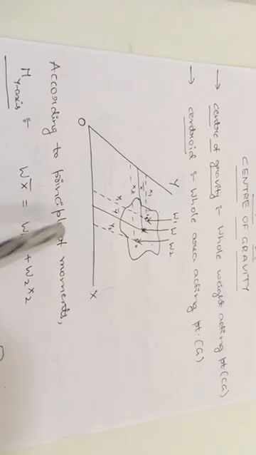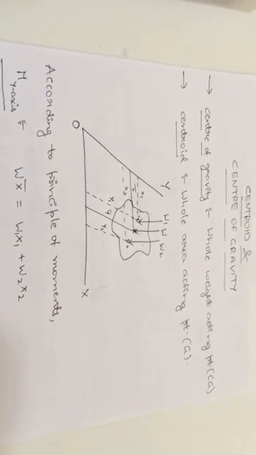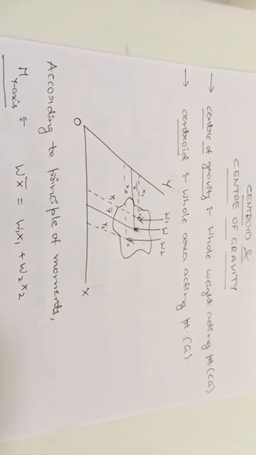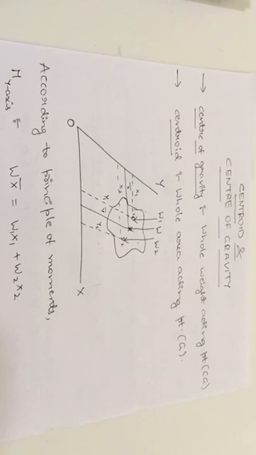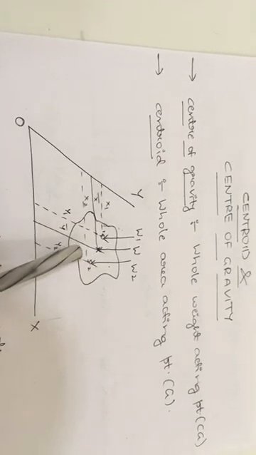Now by using the principle of moments, for any rigid body we can calculate the position of the center of gravity or centroid with respect to the x-axis and the y-axis. Let us consider a random rigid body. For this rigid body I am considering only two particles. Here the first particle is there, here the second particle is there.